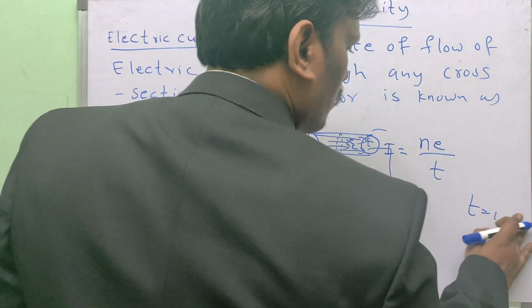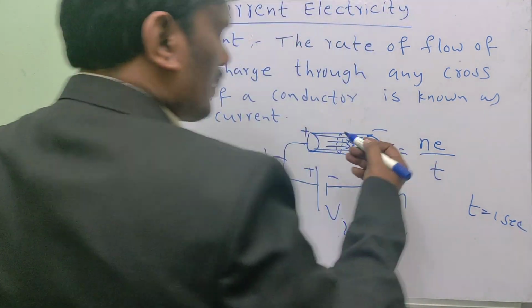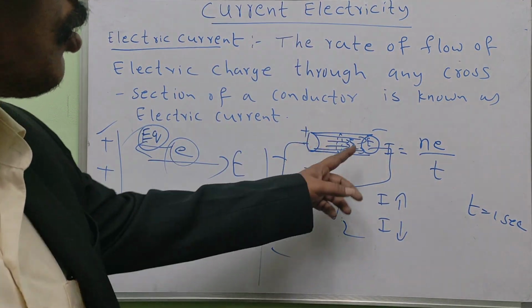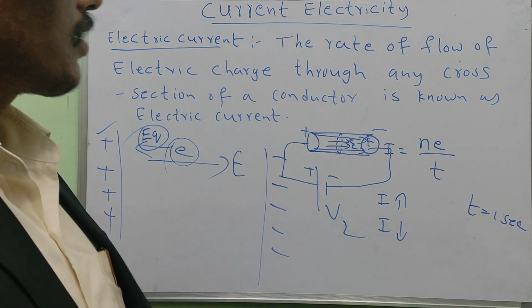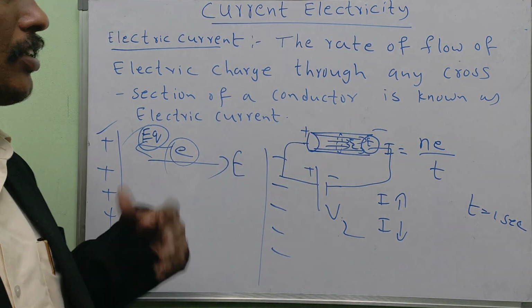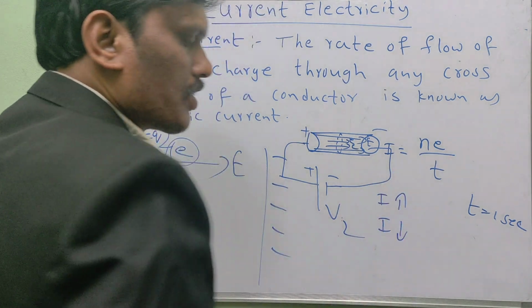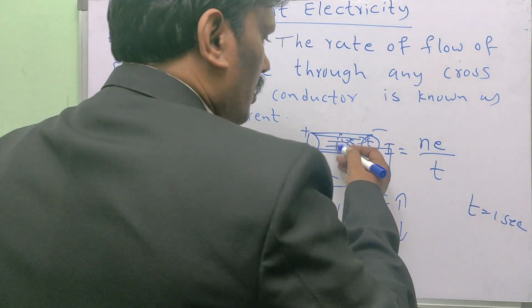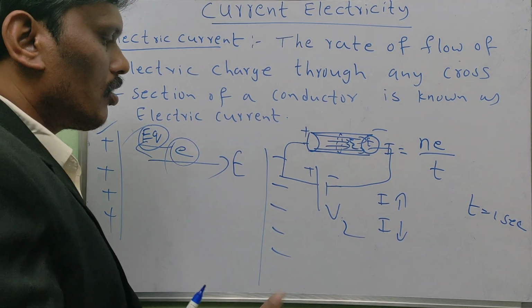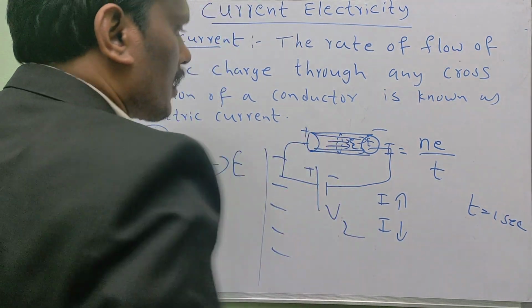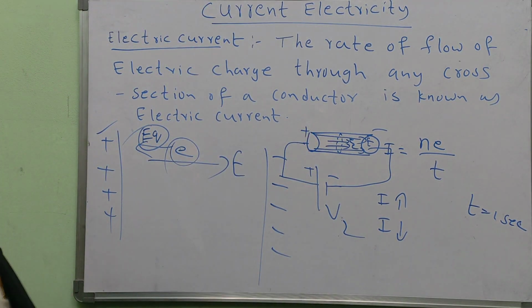In 1 second, just calculate how many electrons pass through that unit cross section area. If I increase the potential, the number of electrons passing through the same area will increase, because the electric field strength increases.